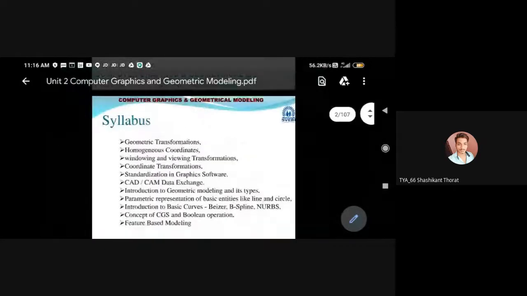This is the syllabus of chapter number 2, computer graphics and geometric modeling.